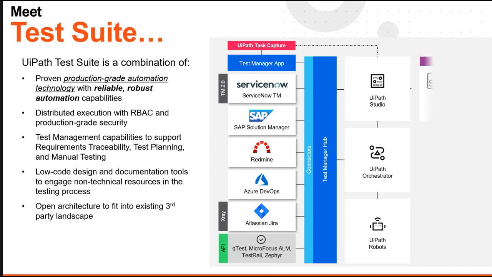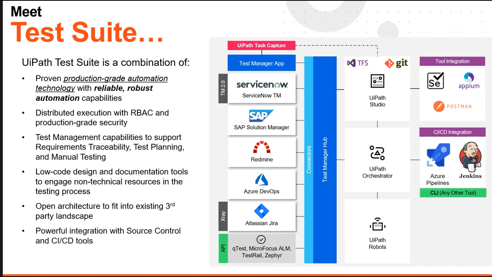We also support mobile and API testing in Studio with the help of Appium and Postman integrations. In addition, CI/CD integration with several different tools is also provided to keep everything running smoothly. CI/CD integration is supported by two native plugins, Azure DevOps and Jenkins.